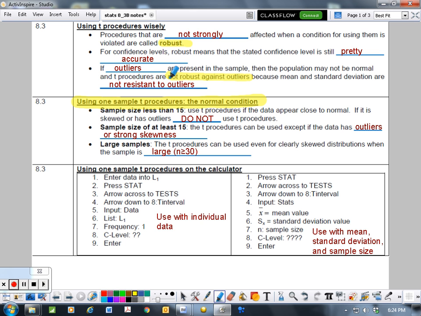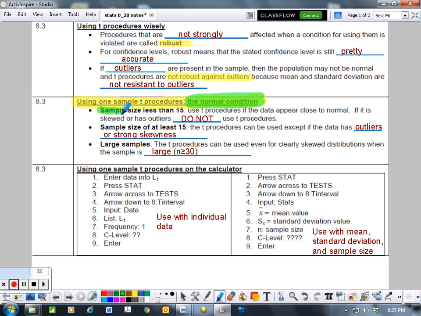So, things that you want to know are things that change about the normal condition. Now we have kind of a new normal condition because as our numbers get lower than 30, there's a little bit of give room. And so here are our things.